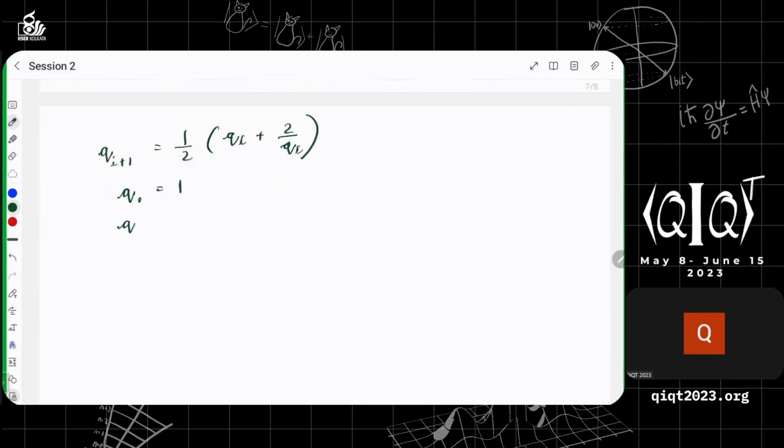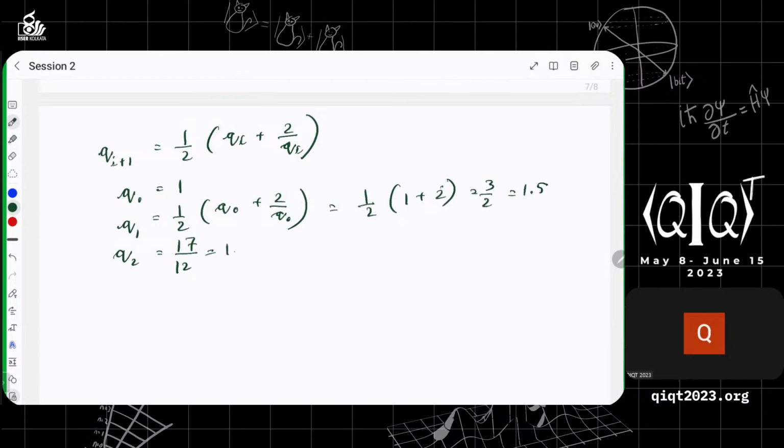So if you put i equal to 0, q1 would be 3 by 2, and q2 would be something like, I'm not showing the calculation, 17 by 12, which is 1.4166 and so on. So you can check these calculations.